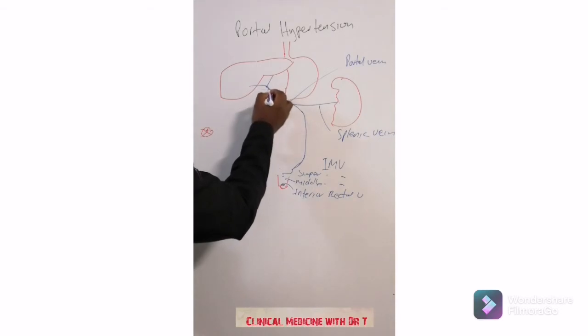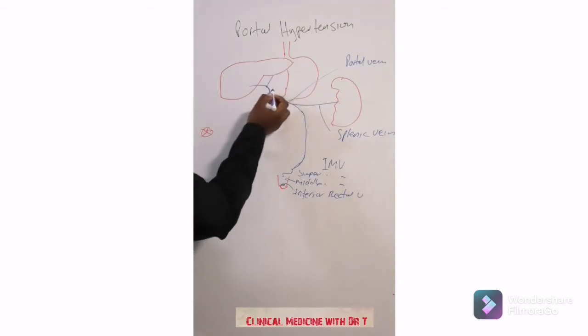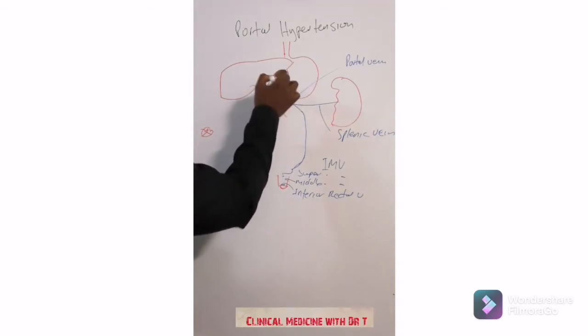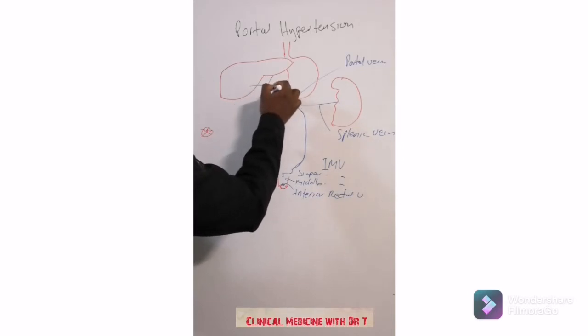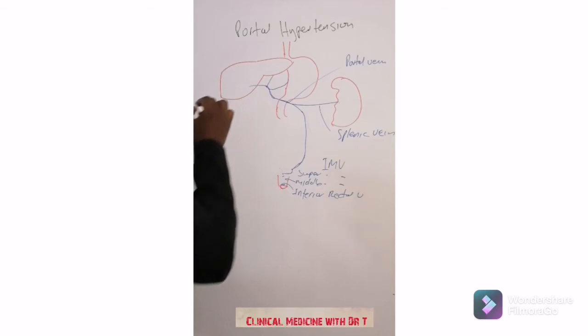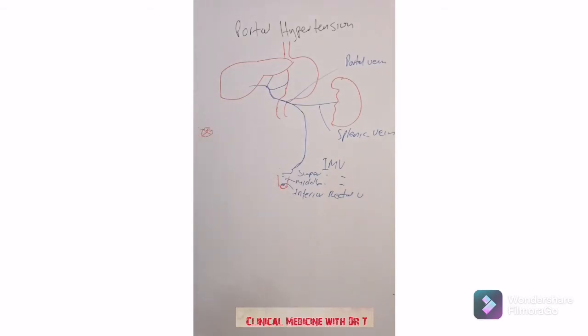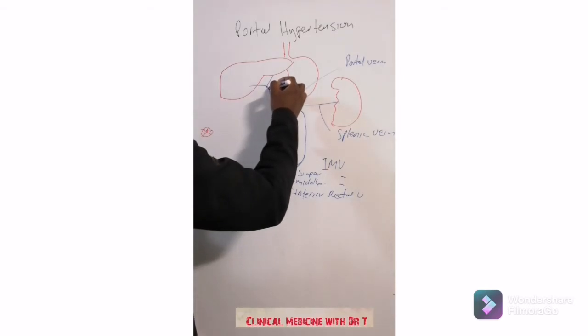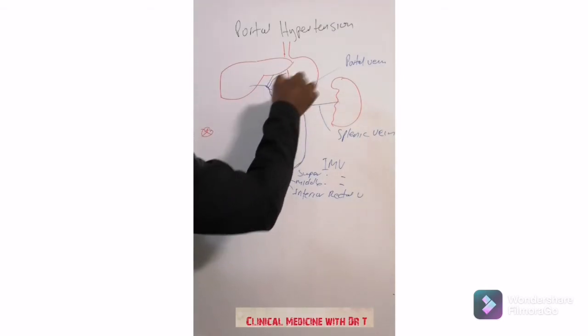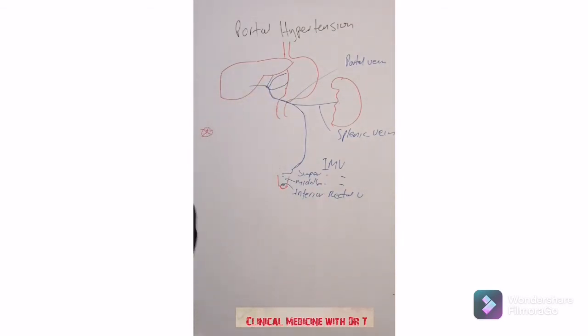So there's a vein at this point that drains into the portal vein, and that's the right gastric vein, and also the left gastric vein. The left gastric vein and the right gastric vein join and form a loop.